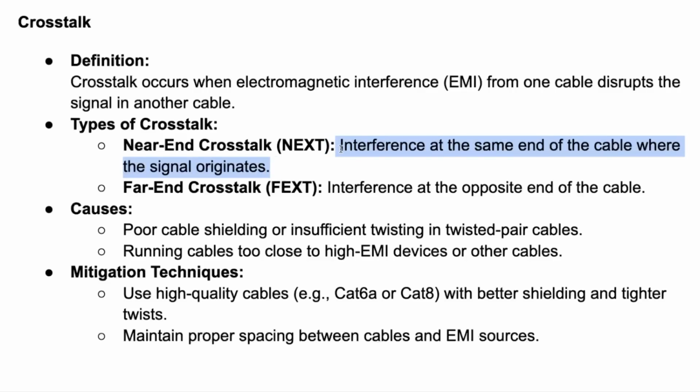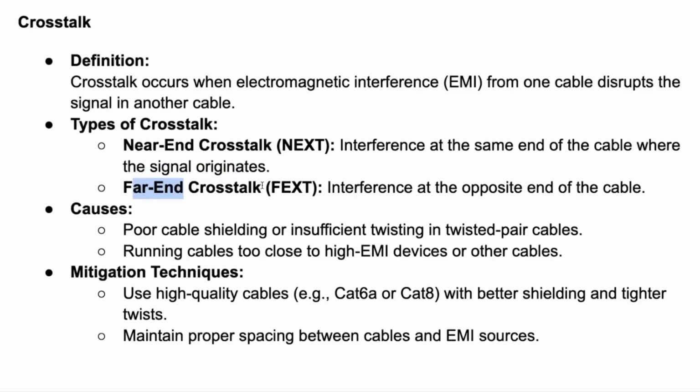The interference is happening at the point of origin for the signal itself, right? So NEXT is the interference that happens where the signal originates.